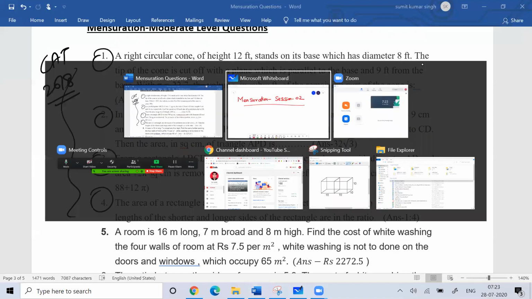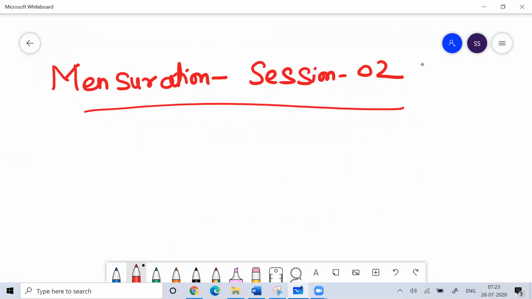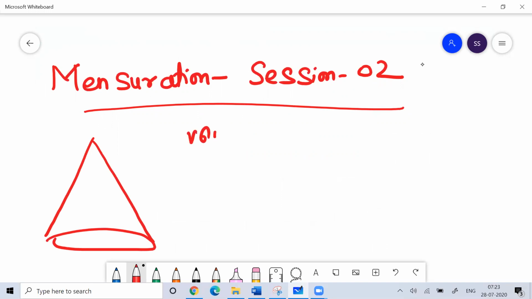Now, if you see question number one, talking about a cone, you know that the volume of a cone is 1 by 3 pi r square h.